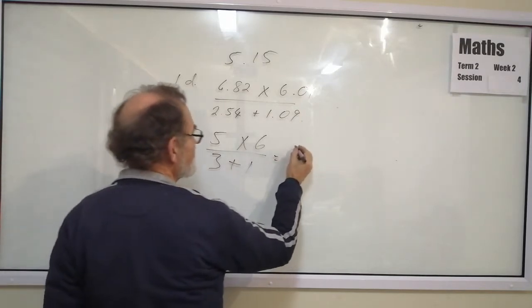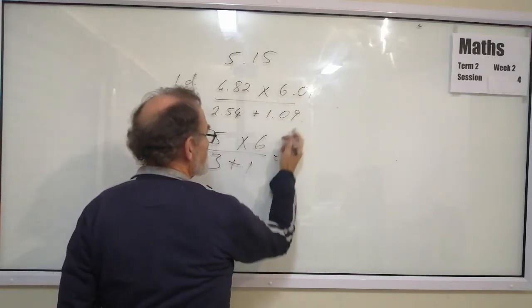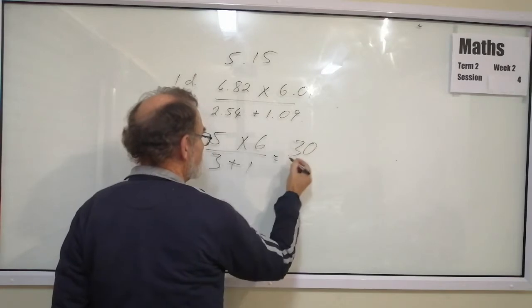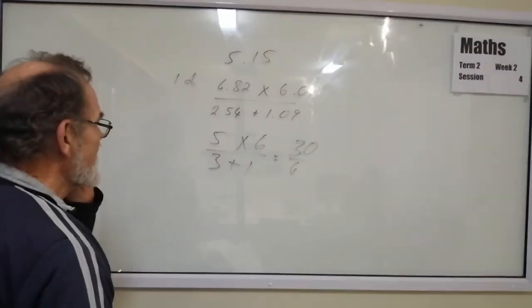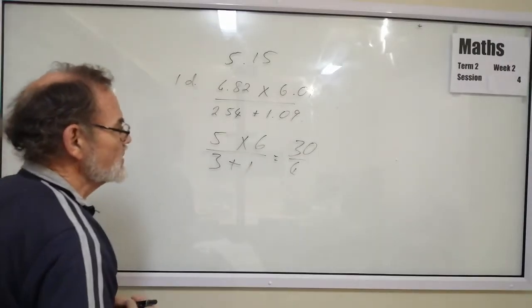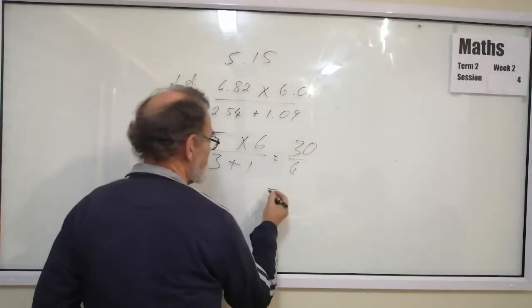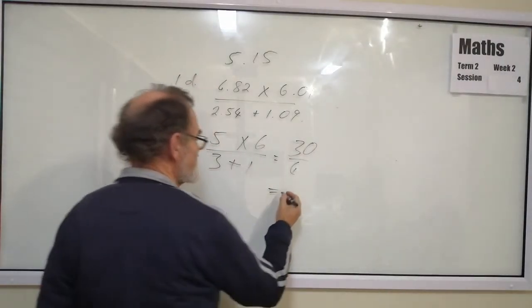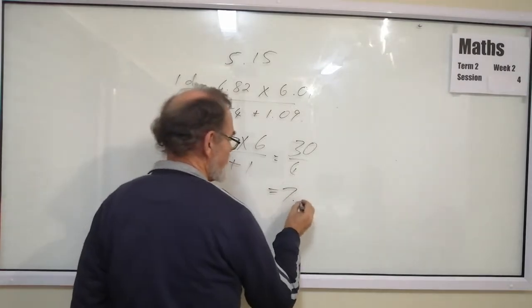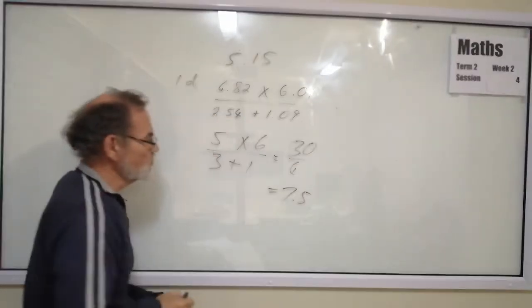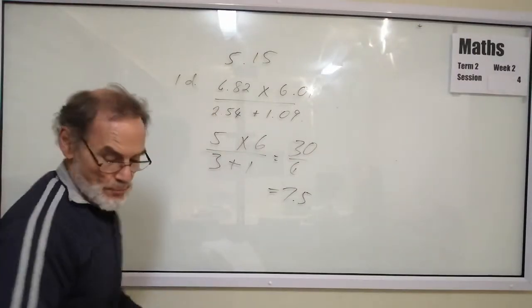This is equal to 5 times 6, which is 30, over 3 plus 1, which is 4. Now you can divide 4 into 30. 4 goes into 30 7 times, 7 fours are 28, and there's 2 over. So we expect this answer to be somewhere around 7.5.